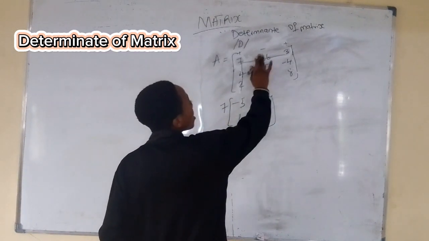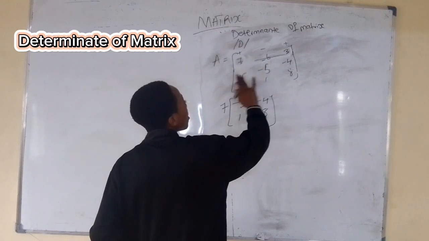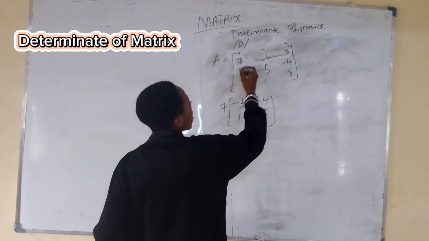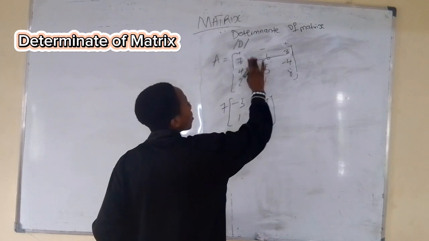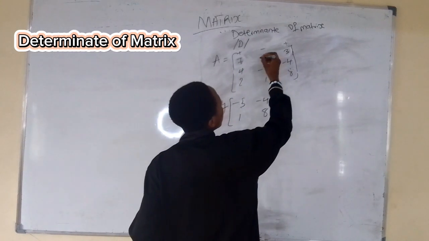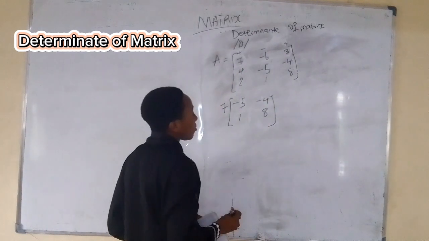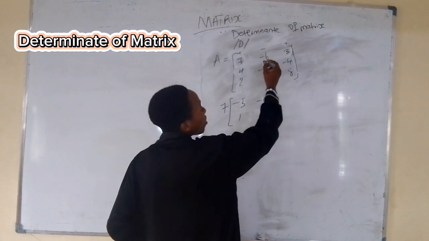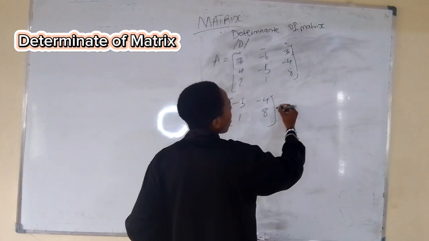Now you come to your 6. This minus here will cancel the minus on 6, so you have plus.